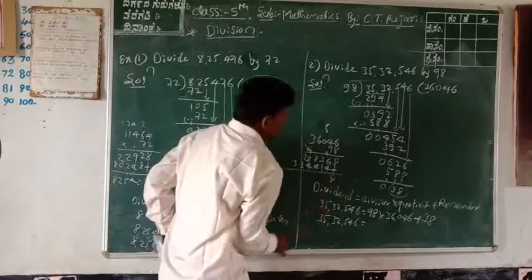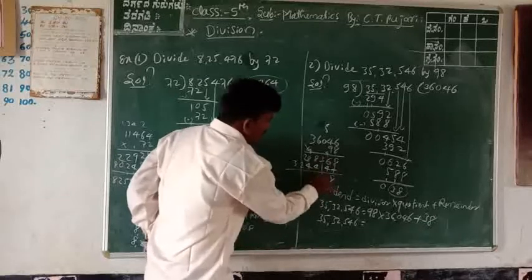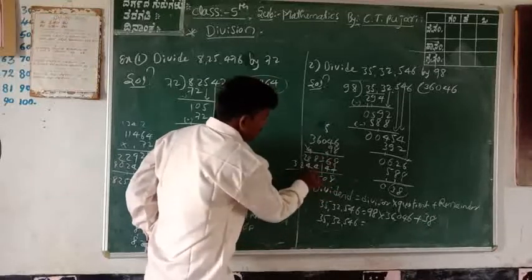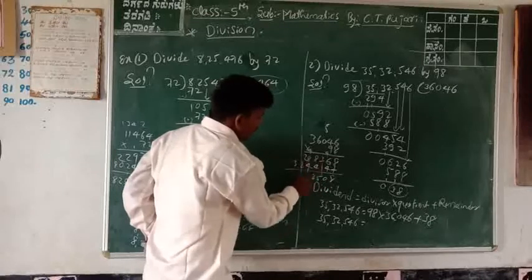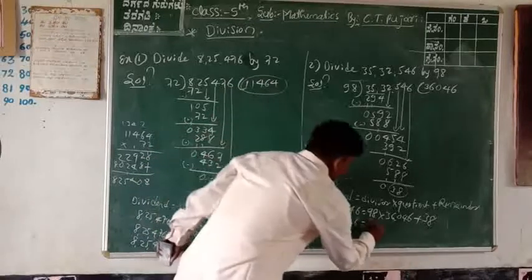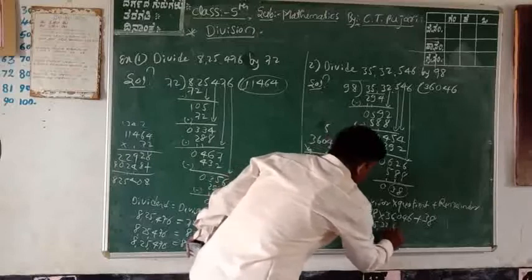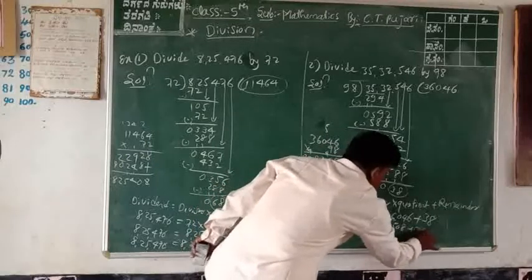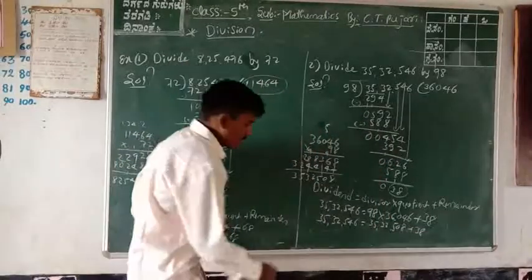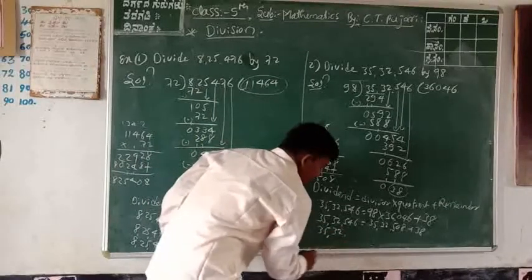Therefore 8, 0, 5, 2, 3, 5, 3. Therefore 35 lakh 32,508 plus 38.